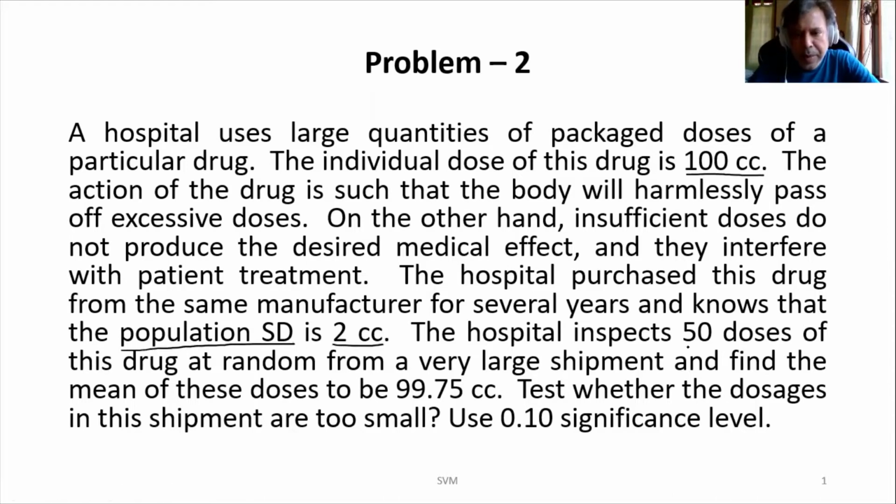The hospital inspects 50 doses of this drug and found that the sample mean is 99.75 cc. And then test whether the doses in the shipment are too small. Use 0.1 significance level.